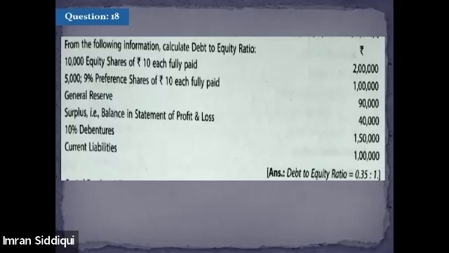Anyways, how did you manage to get 0.35? Could you please explain? First of all, you need to find out the debt, na? Debt to equity ratio. So what is the value of the debt? Sir, 1,50,000 at 10%.